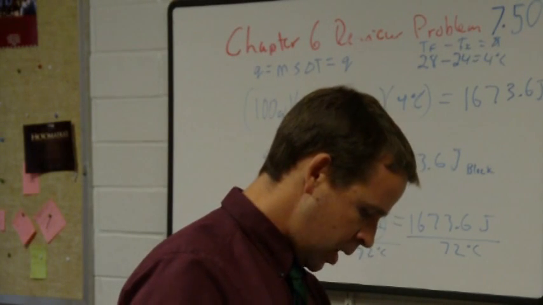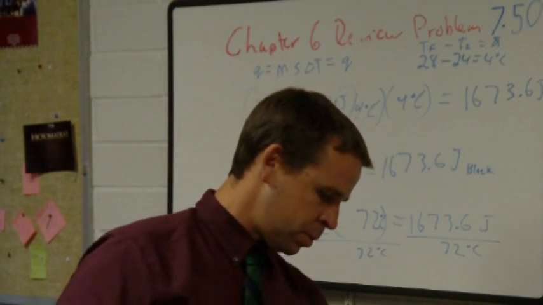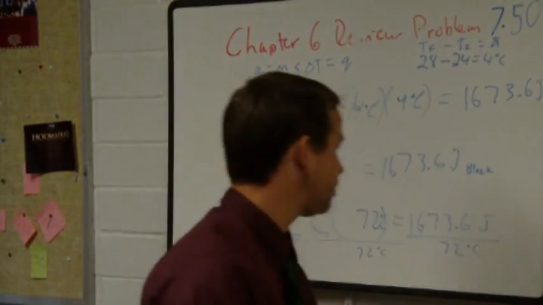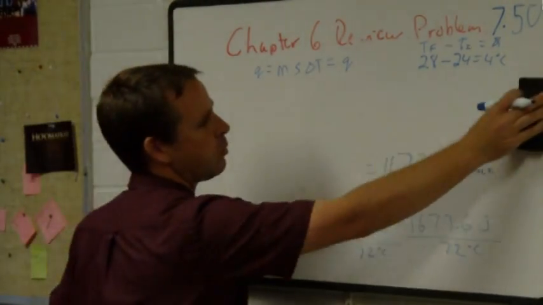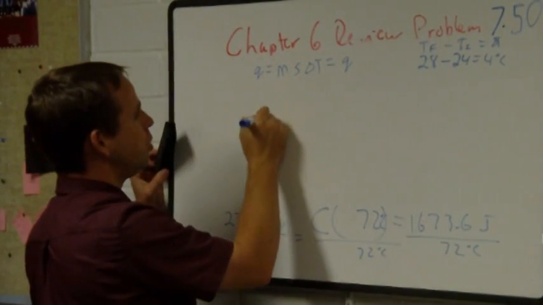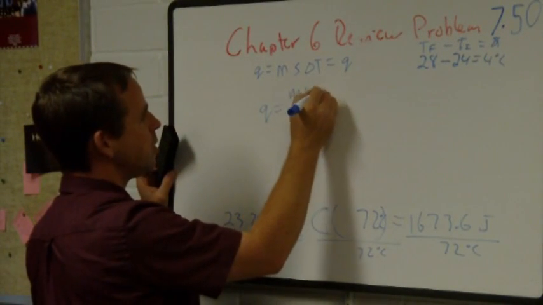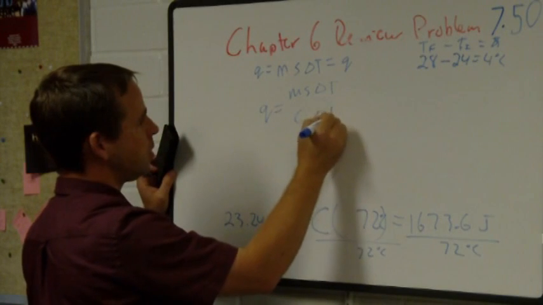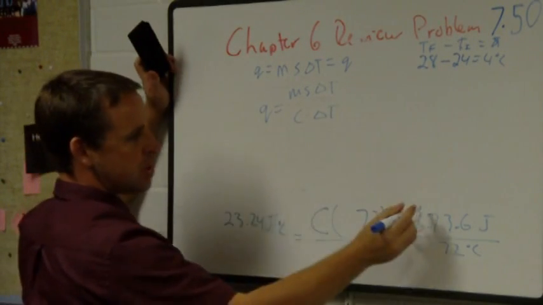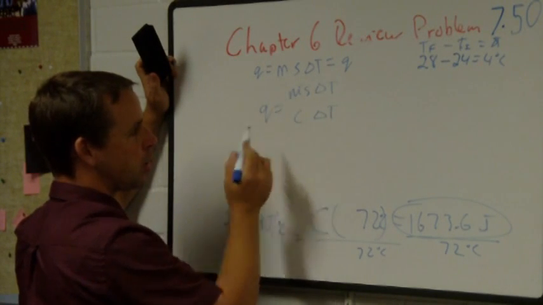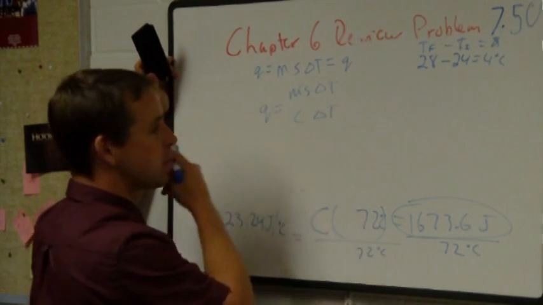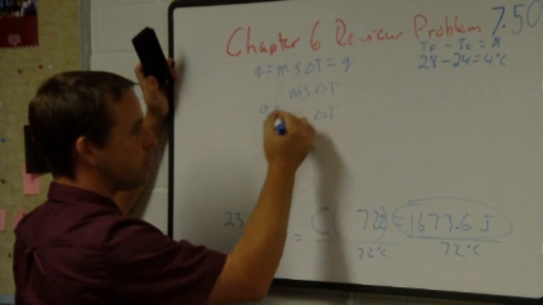Okay, and the last one, what's the specific heat of the metal? Well, I'm going to erase a little section here for ourselves. Q equals ms delta T or C delta T, right? So we can use this same Q here. We could put the mass of the brick, which we know, the change in temperature, and solve for that.